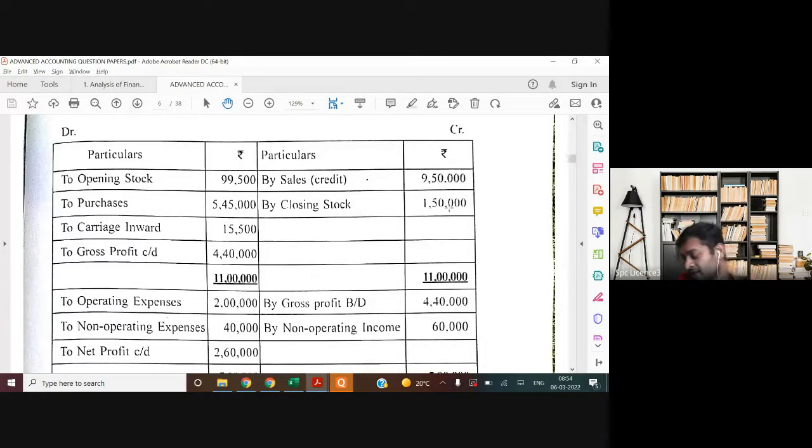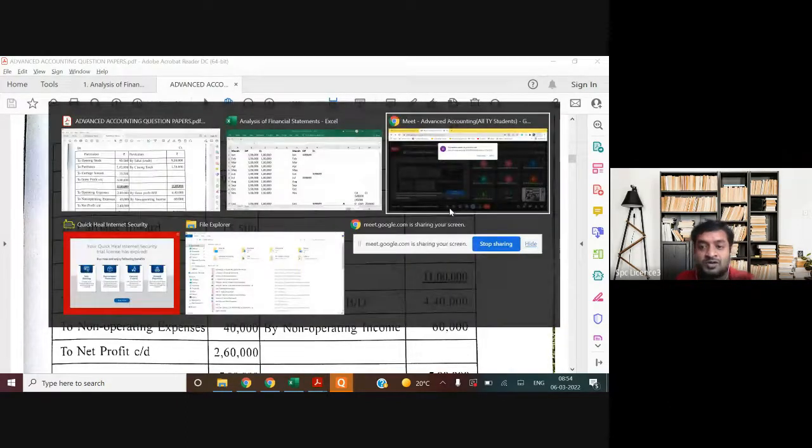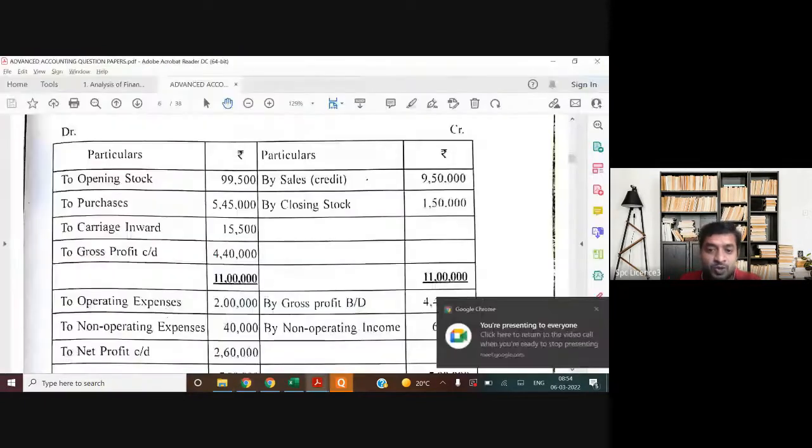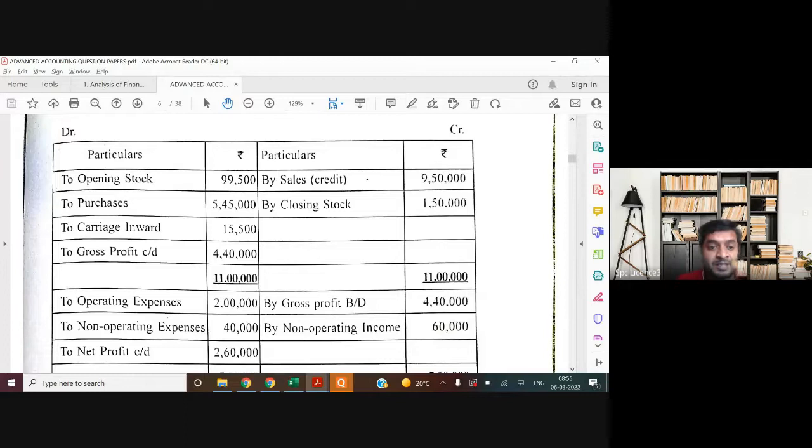If I ask you to comment on the average inventory holding period, meaning how long inventory is held in the company, or how frequently it is turned over, or how many times the inventory has been replaced during an accounting year, that is, how many times purchased inventory has been sold in the company, you can know that after knowing the significance of the stock turnover ratio. So there are many things related to stock which you can identify after knowing the importance of the stock turnover ratio.